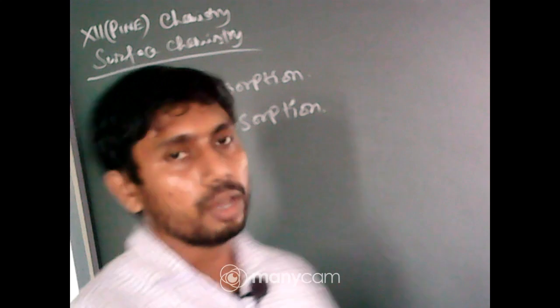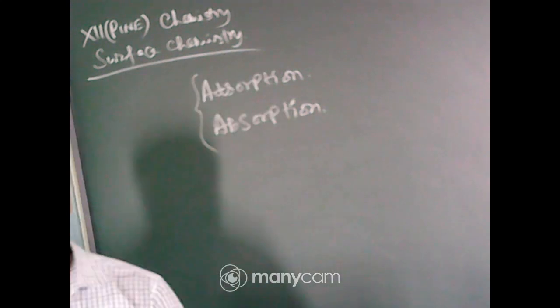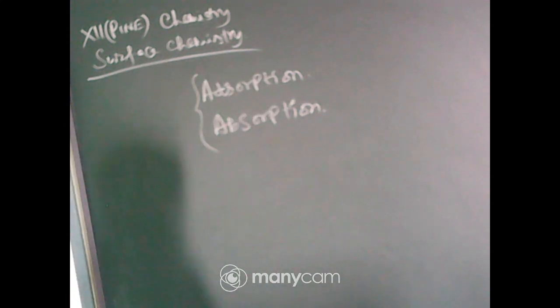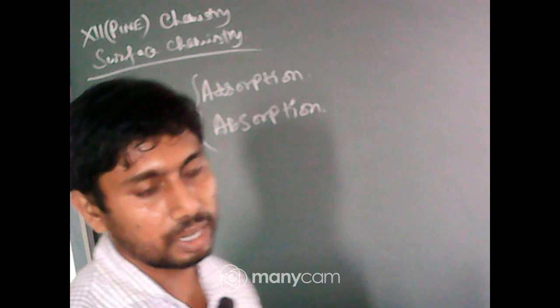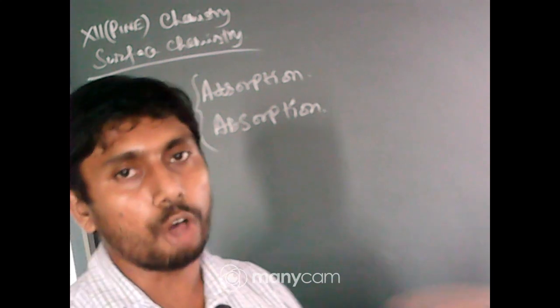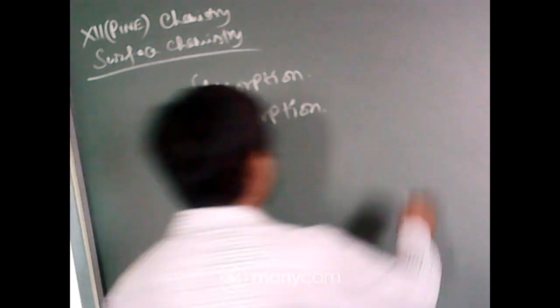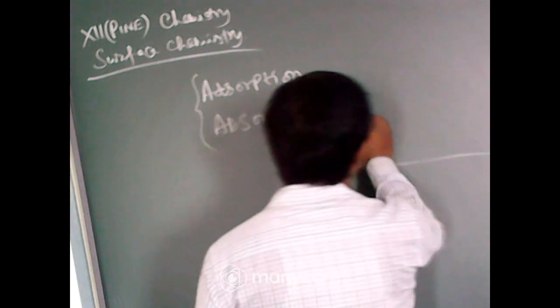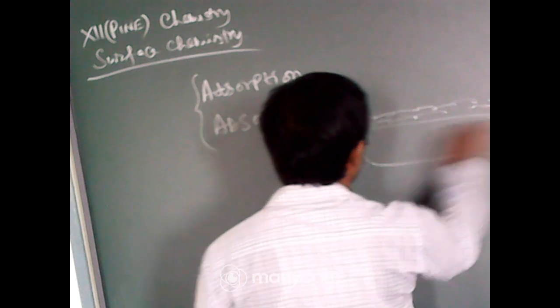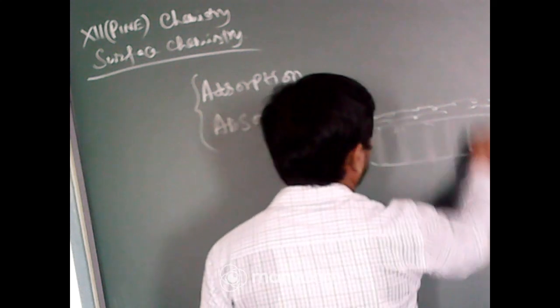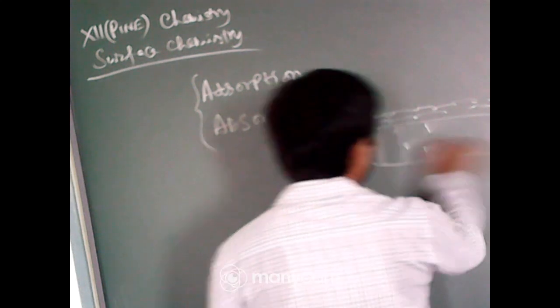So first of all, what is adsorption? It is the phenomenon of higher concentration of molecular species on the surface of the solid than in the bulk. That means adsorption is the phenomenon where the concentration of any species on the surface is greater than in the bulk. Bulk means the rest of the system.